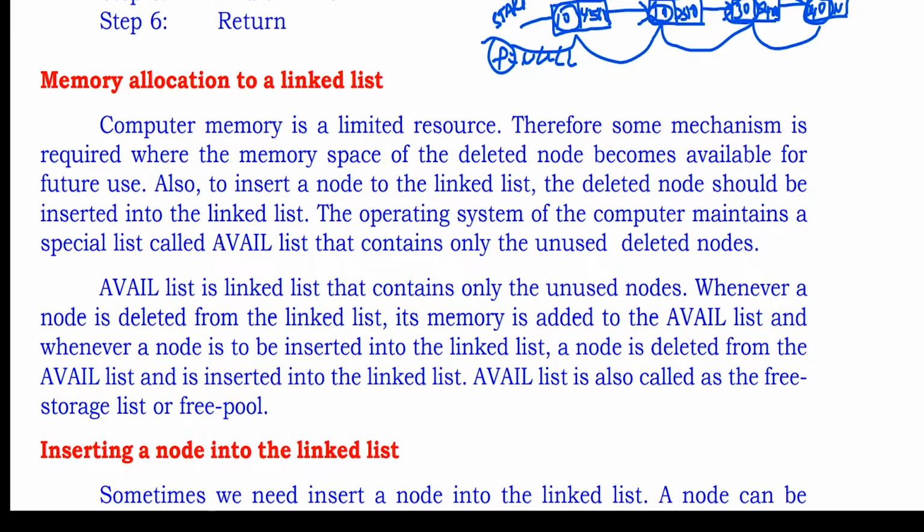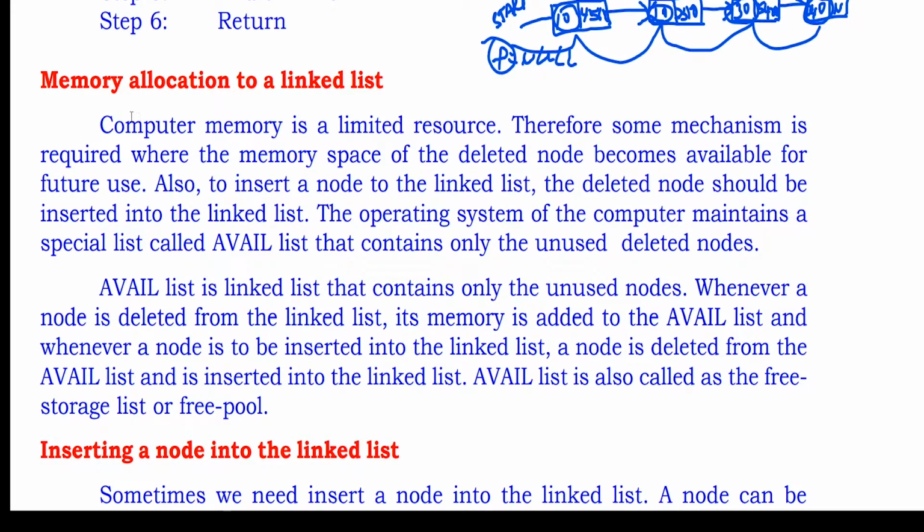Once its usage is over, it has to be sent back to the availability list. That's why we use dynamic memory allocation, where we have the new and delete operators. They are used to perform dynamic allocation and dynamic deallocation of memory. Already I have told about the necessity of allocation and deallocation of memory.